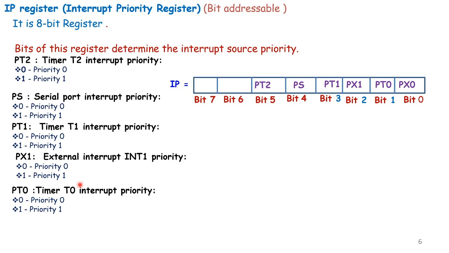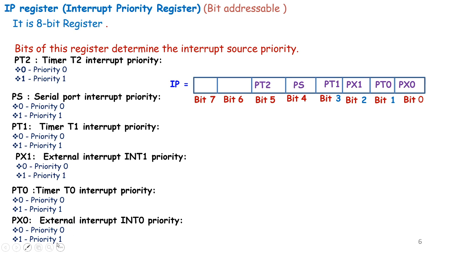PT0 is the timer T0 interrupt priority. When this bit is 0, priority will be 0. When PT0 is equal to 1, the priority is high. This is PX0, the external interrupt INT0 priority. When 0, priority 0. When it is equal to 1, the priority is decided.